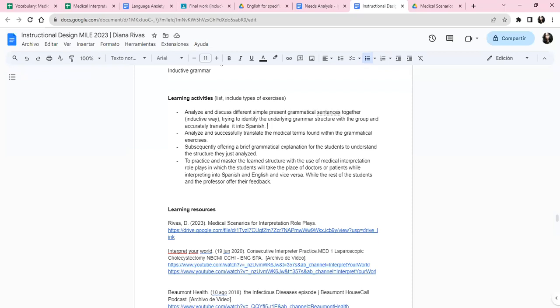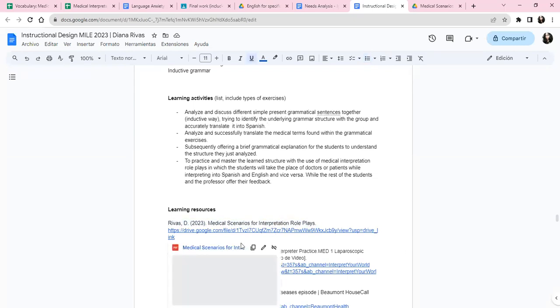So the students will be trying to identify the underlying grammatical structure with the group, and then we will try to translate it accurately. And we will be using these medical scenarios that I had the pleasure to gather. We will be using these medical scenarios that are enough for a whole course.